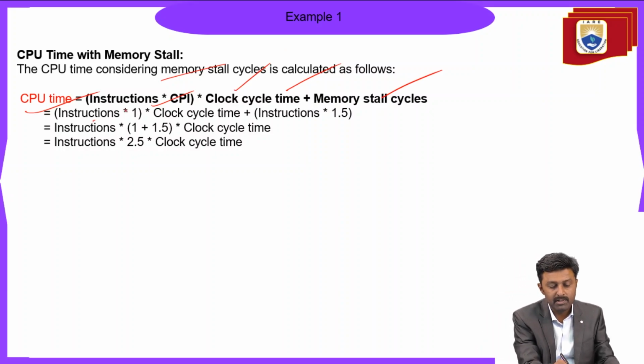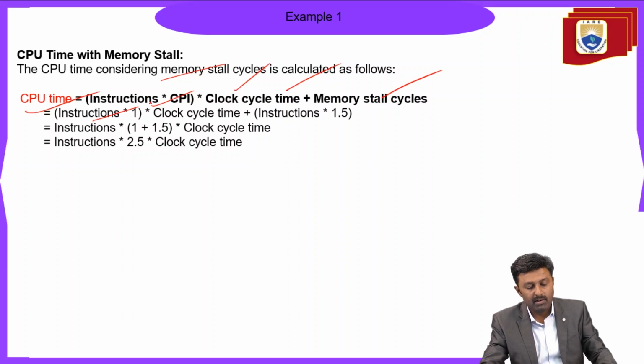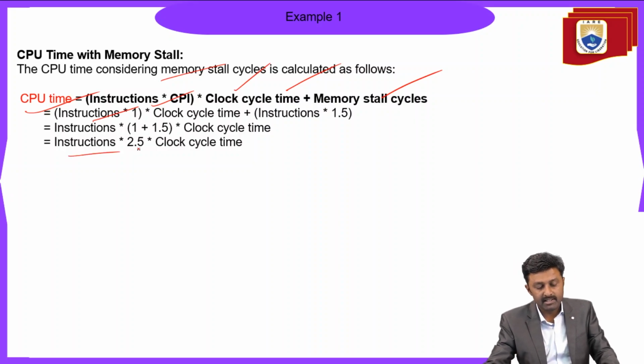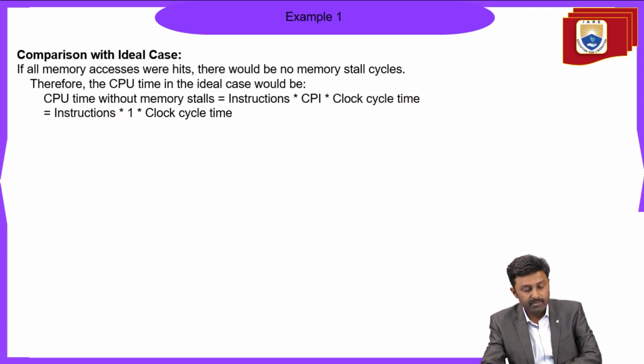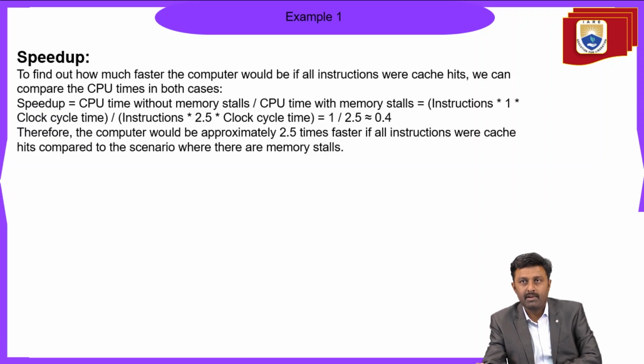So we'll substitute the values of all this, and we have got instructions into 2.5 the clock cycle. If we compare with the ideal case, the CPU time in the ideal case would be the CPU time without the memory stalls. So this is a comparison. It will obviously take less time.